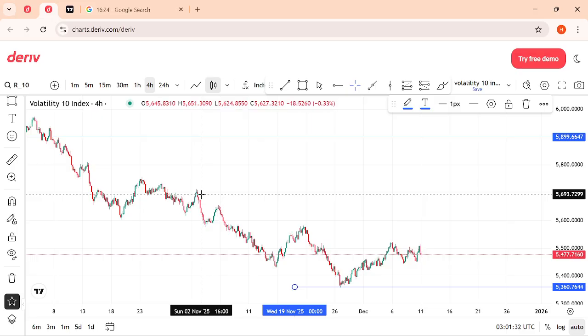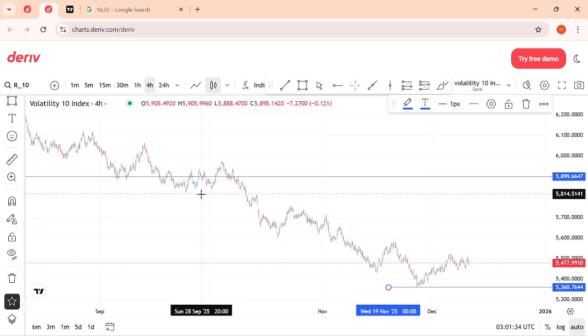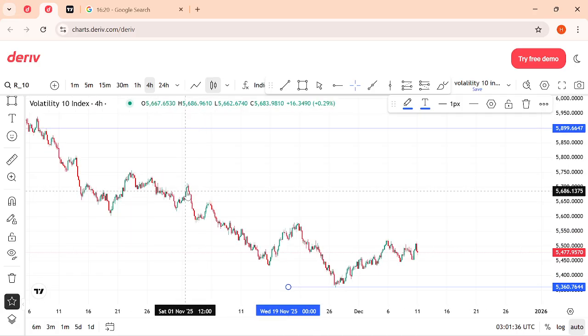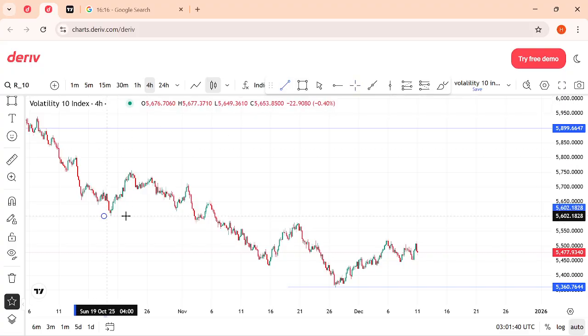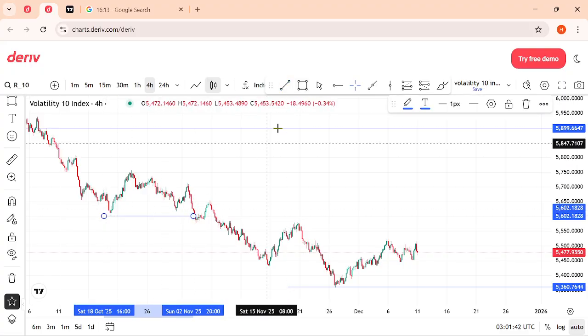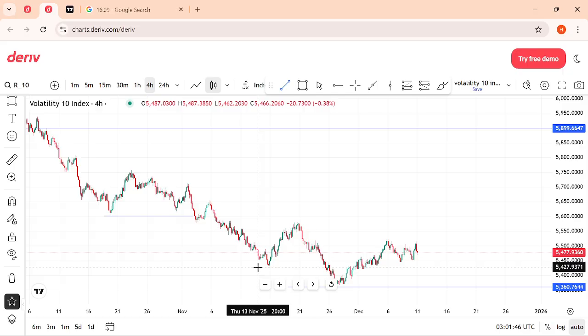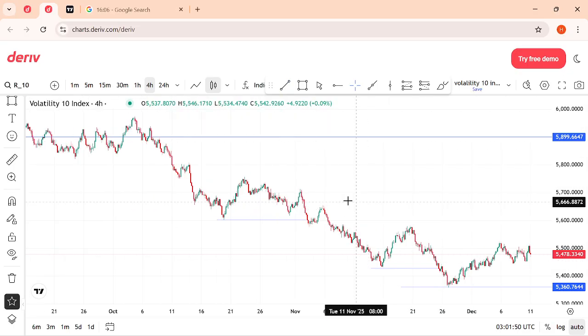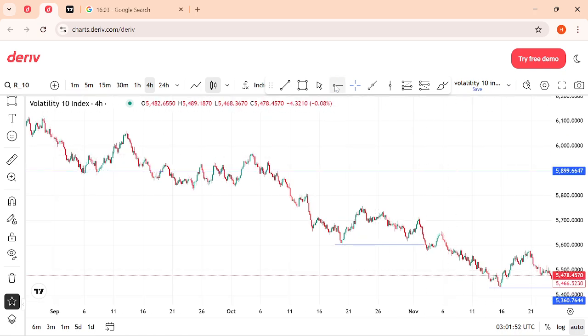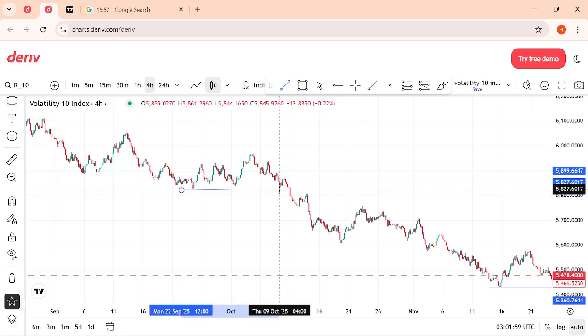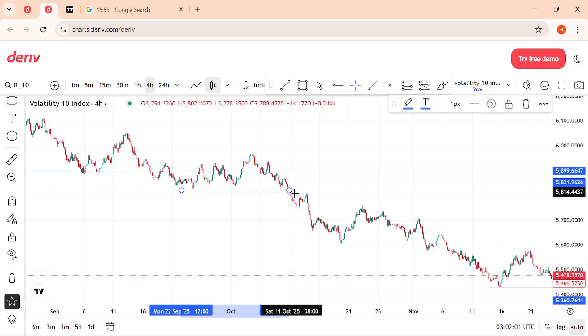Now on the 4 hours time frame, something is just so clear, which is the different layers of structure break that we've gotten, which is one, and this is another one. There is another one here. This is another layer of a break of structure we have gotten.